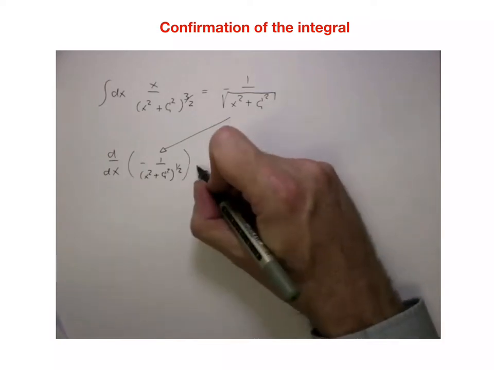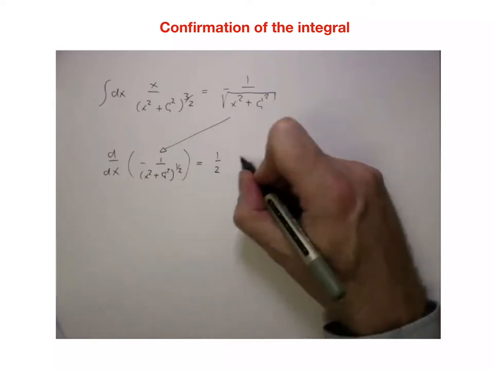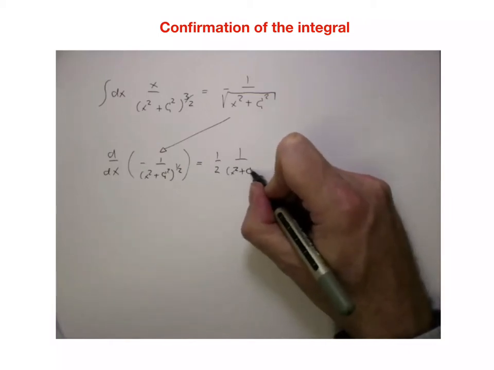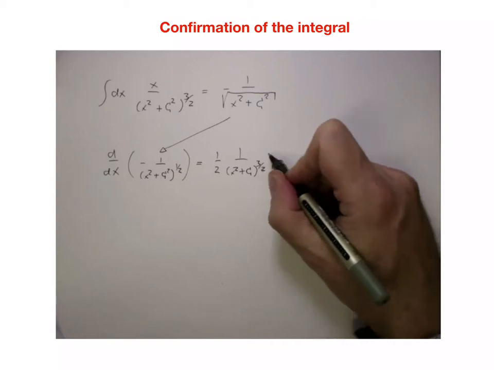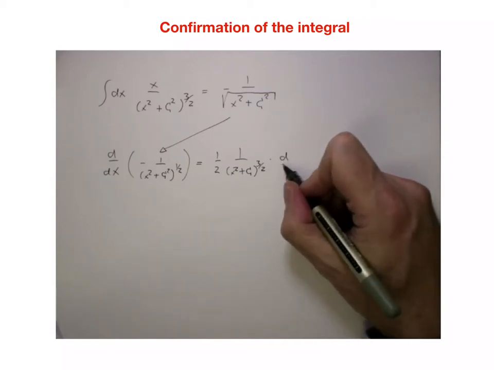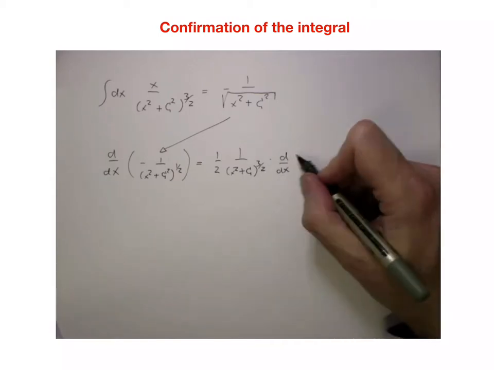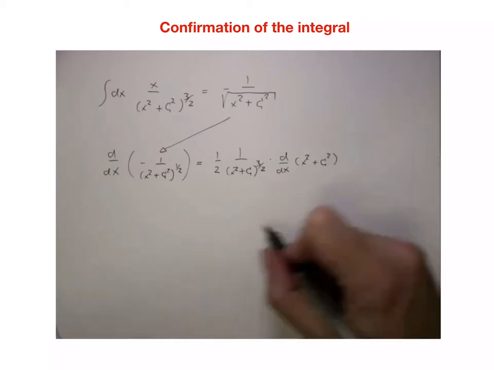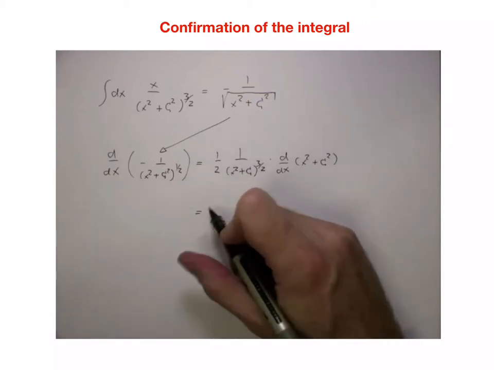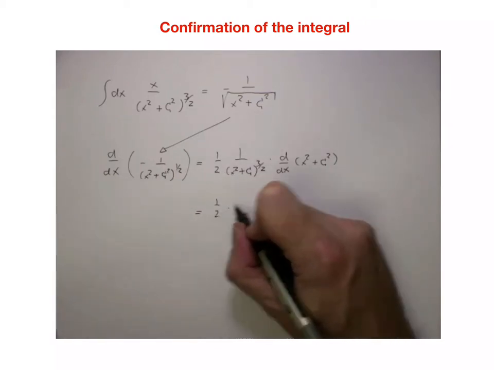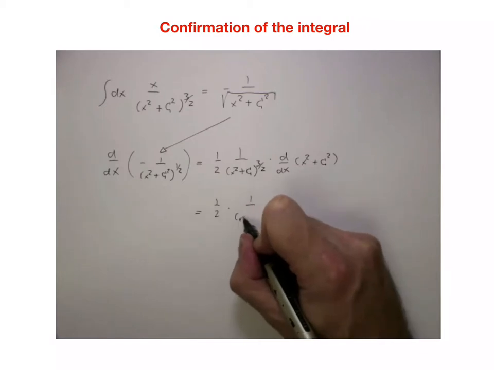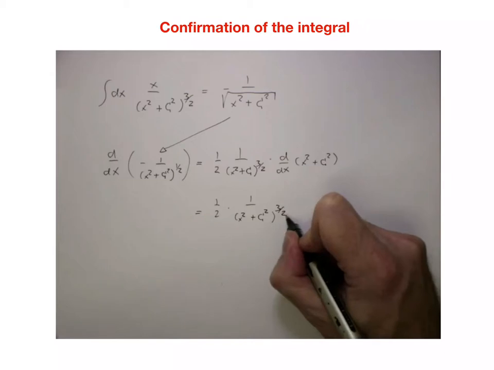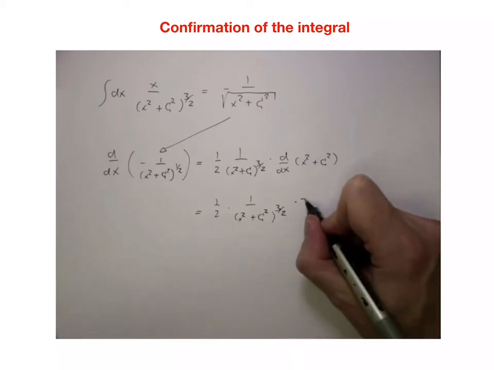If we differentiate that, that's equal to 1/2 1 over x squared plus c squared to the power of 3/2 times the internal differentiation d with respect to dx of x squared plus c squared, and if we work that out as well, we obtain 1/2 times 1 over x squared plus c squared to the power of 3 on 2 times 2x.